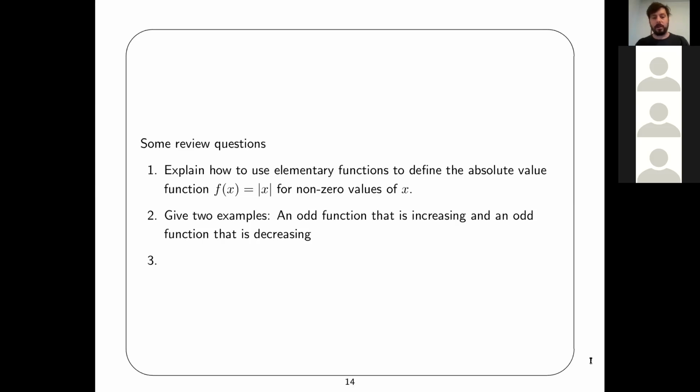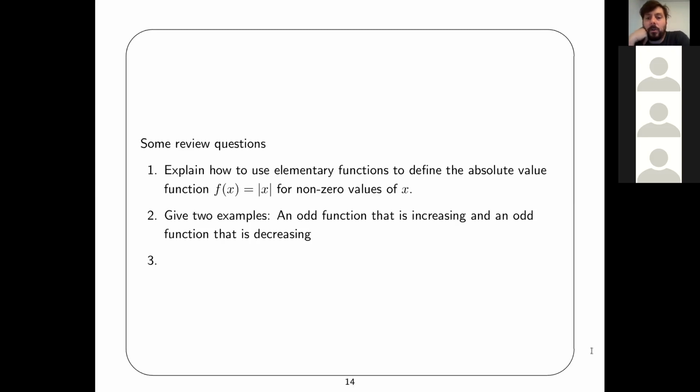The easiest one for an increasing function is f of x equals x, right? That's definitely an increasing function. I mean, if x is smaller than y, then f of x is x, which is smaller than f of y, which is y. And then, to make it decreasing, well, just take the negative of that, right?